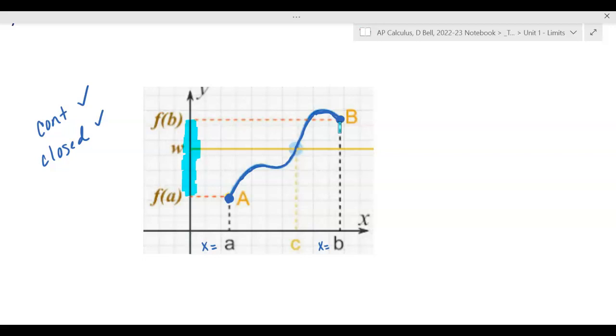So w is a y value, and it has to be between f of a and f of b. Well, then it will be guaranteed to exist. And it'll exist at some x value in between a and b.